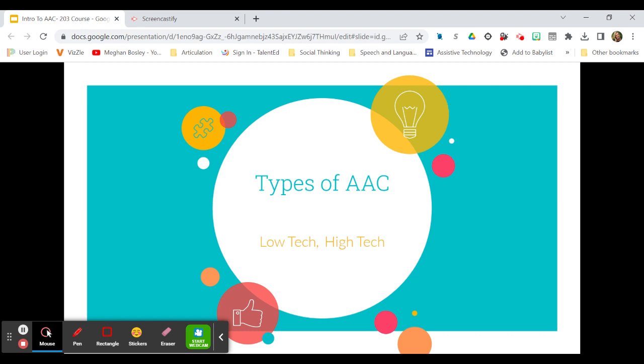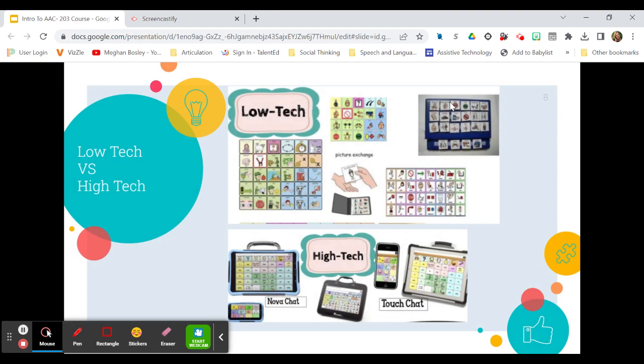So there are different types of AAC. There's low tech, there's high tech, and there's also mid tech, which I will talk about. Low tech versus high tech. So low tech is going to be pictures. You might see that in the form of picture exchange. It could be any pictures on paper.